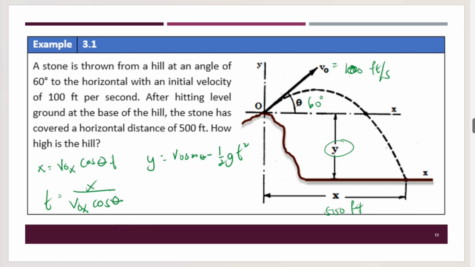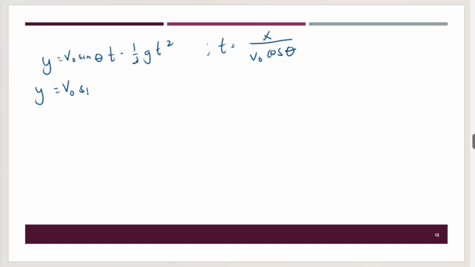Okay, so, by substituting that one, punta tayo sa medyo blank na space. So, let's rewrite the equation again. That is y is equal to v sub o sine theta multiplied by time, minus 1/2 gt squared. And we say kanina from derivation that time is x over v sub o cosine theta. Substituting this one, that is y is v sub o sine theta.